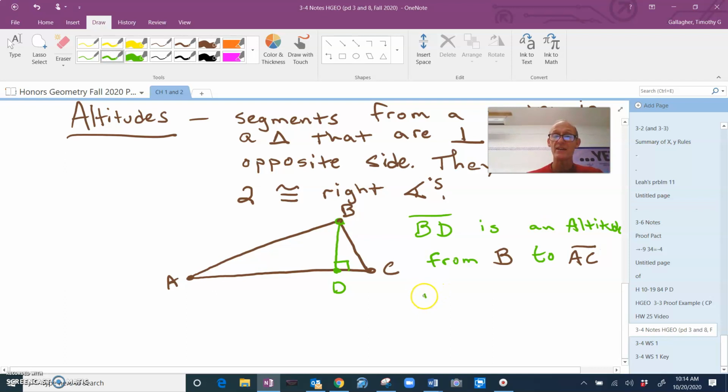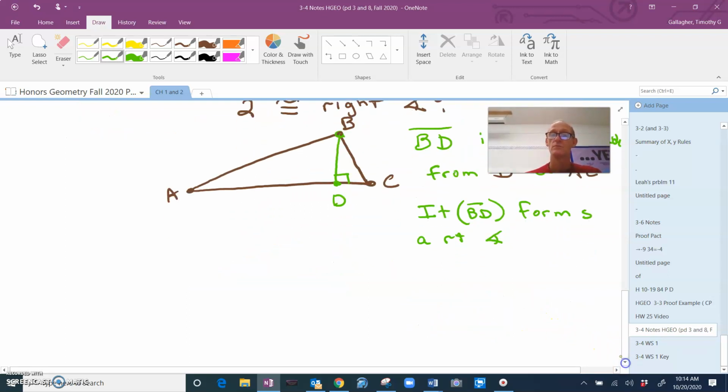Now BD forms a right angle. Why does it form a right angle? Because it is perpendicular to AC.